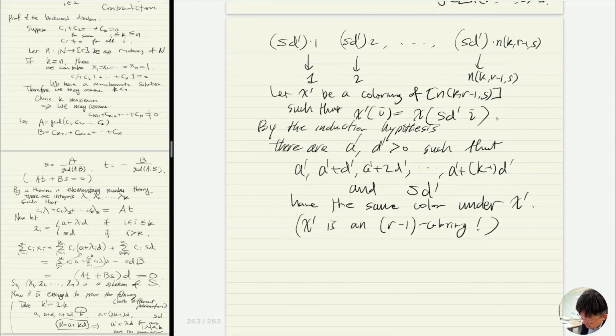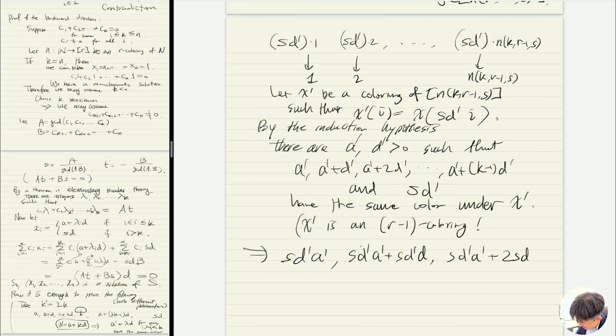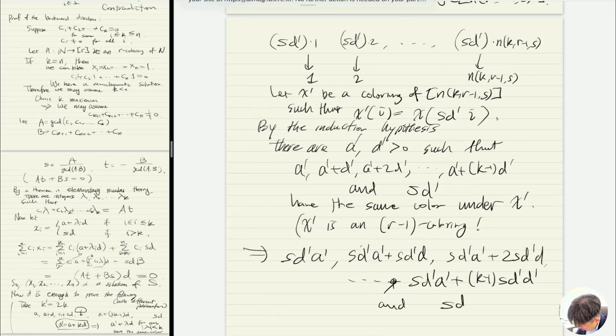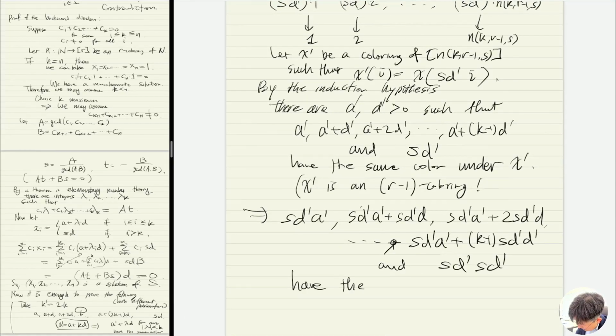So this implies that s d prime a prime, s d prime a prime plus s d prime d prime, s d prime a prime plus twice s d prime d prime, and until s d prime a prime plus k minus 1 s d prime d prime, and s d prime have the same color under chi.